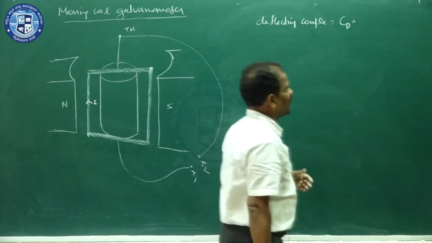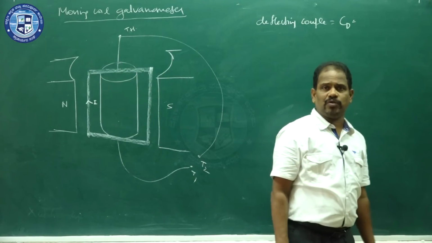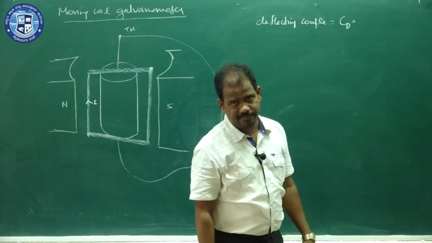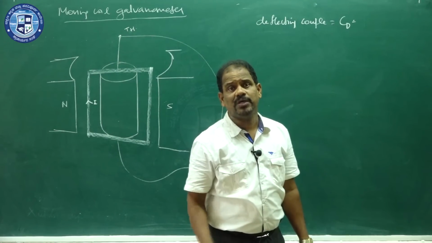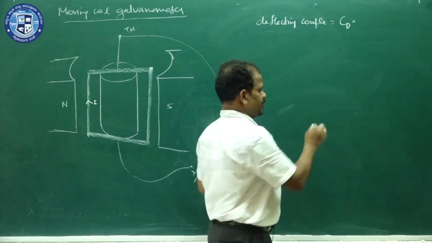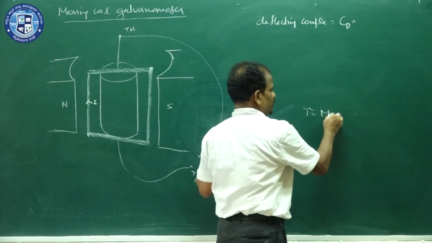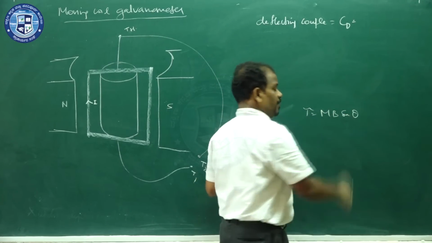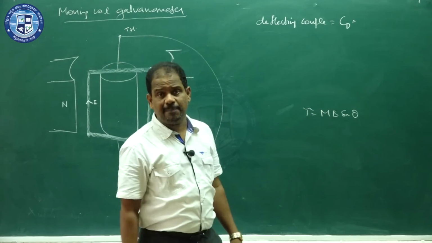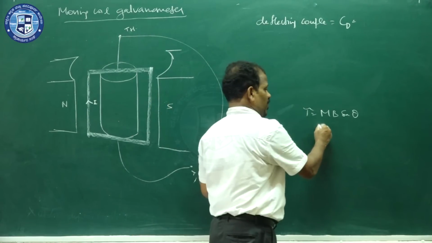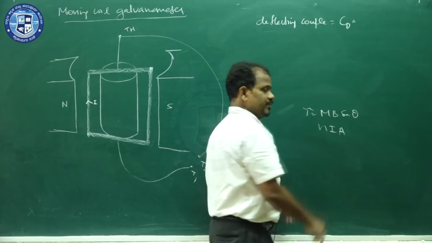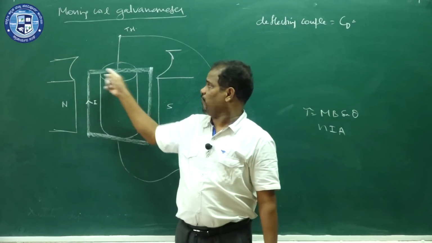What is the formula for the deflecting couple? Tau is equal to MB sin theta. What is M? Magnetic dipole moment, which is given by the formula NIA. N is the number of turns in the coil.